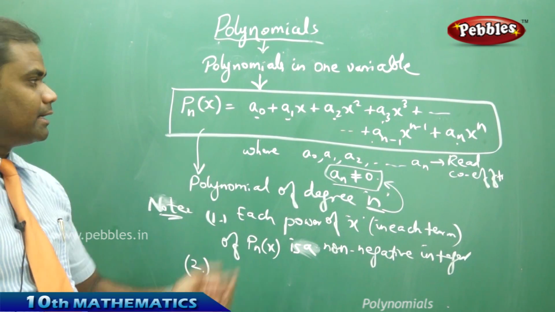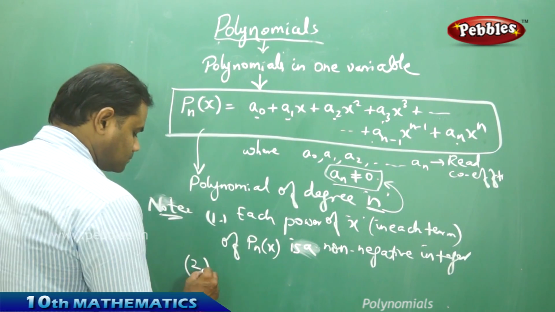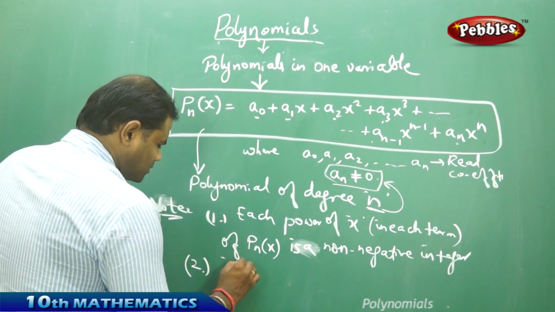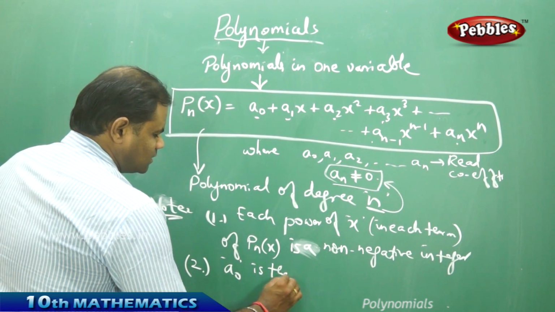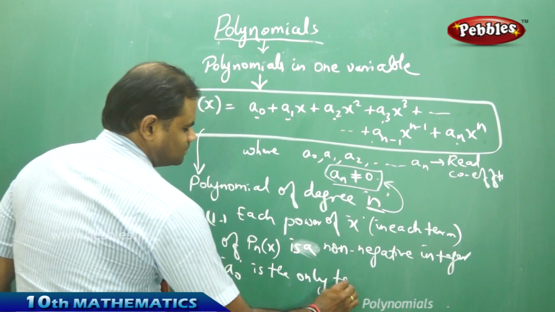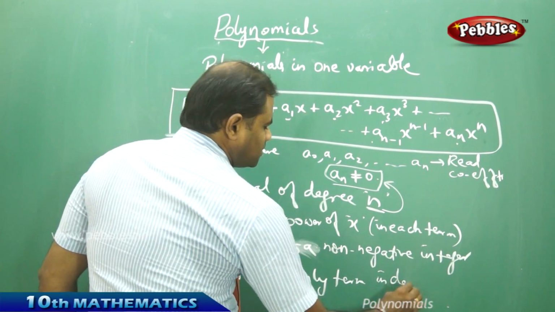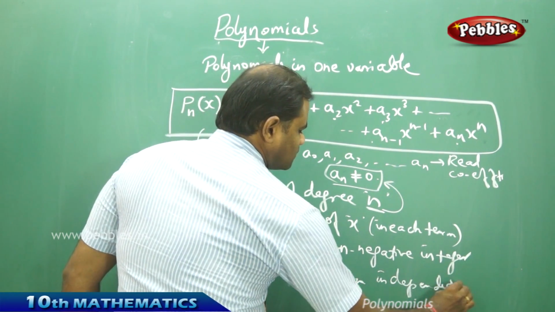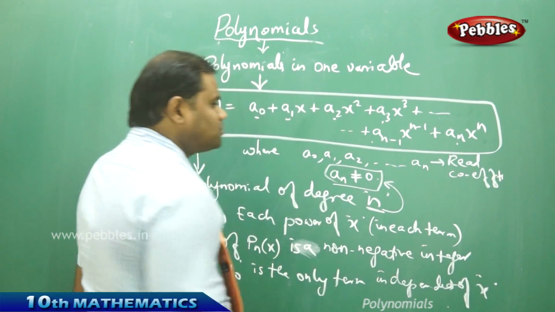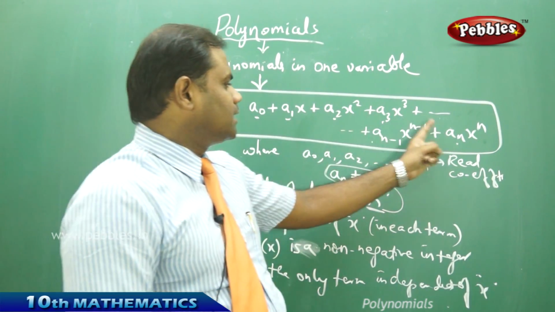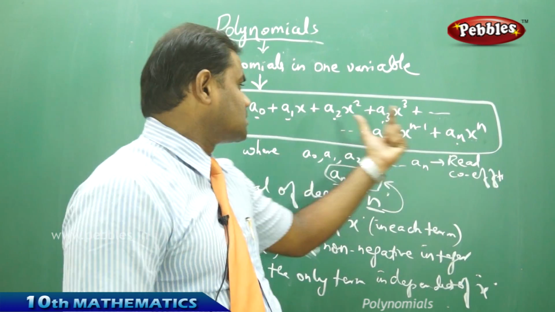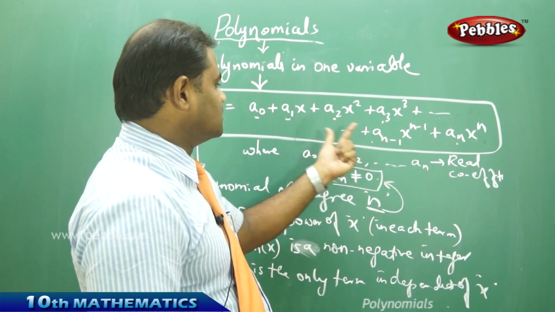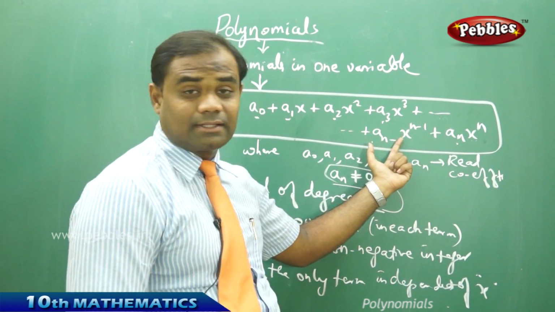Secondly, a0 is the only term independent of x. Each of the other terms has x in it. If I take the second term, I have x in it. If I take the second last term, I have x in it.